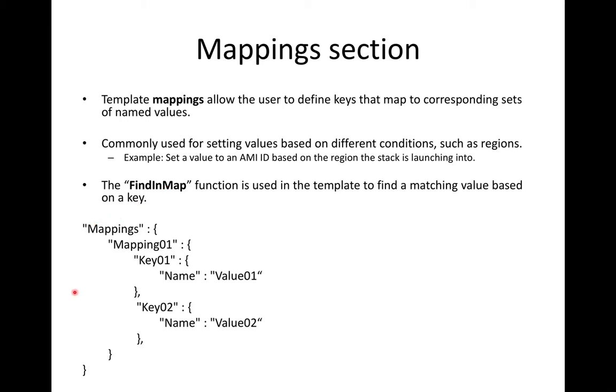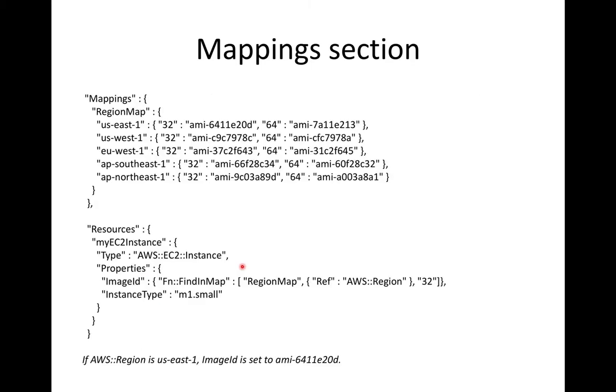Here's an example of the Mappings section. This Mappings section has one mapping called Mapping01, and this mapping has two keys, Key01 and Key02. Each key is associated with a key-value pair. If we look at this example, it will make it a little bit more clear. Again, here's my Mappings section, and I have a single mapping called RegionMap. This RegionMap has a number of keys.